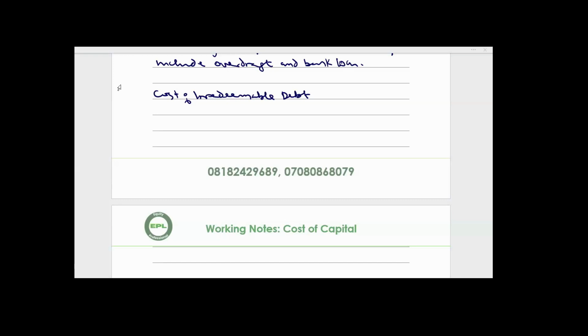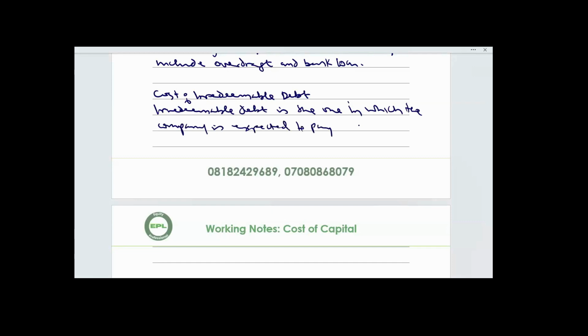Irredeemable debt is the one in which the company is expected to pay annual fixed interest, but the principal will not be repaid.